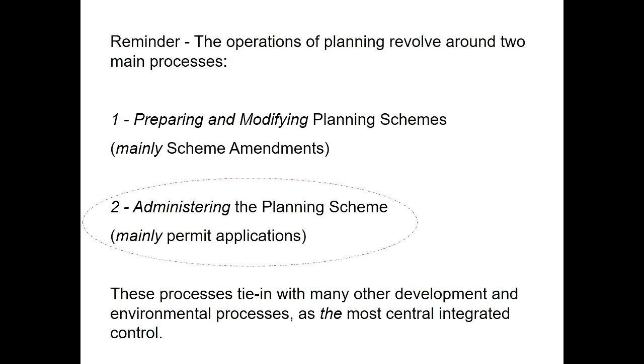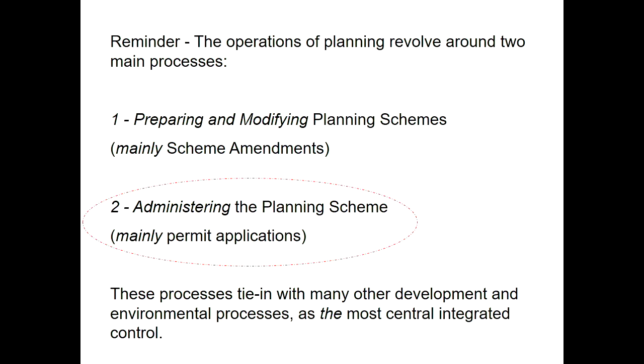So this is, I hope you recognise, a necessarily quite narrow view of implementation, acknowledging that the Victorian, and in fact most planning systems in Australia most of the time, tend to see implementation as planning permit processes. If you go to other places, you will find it can be quite different.